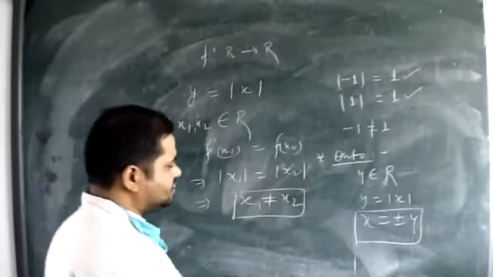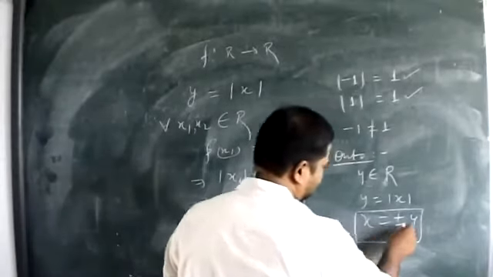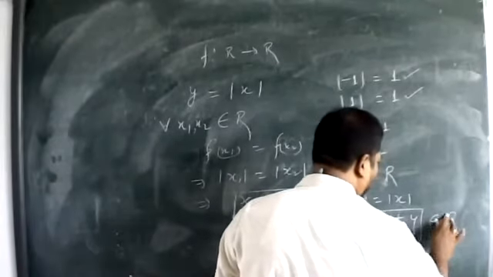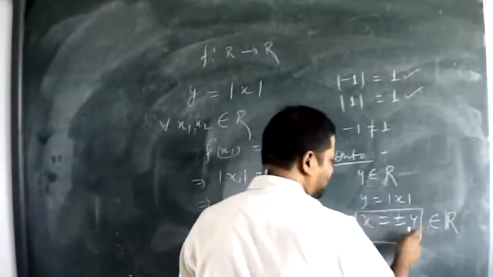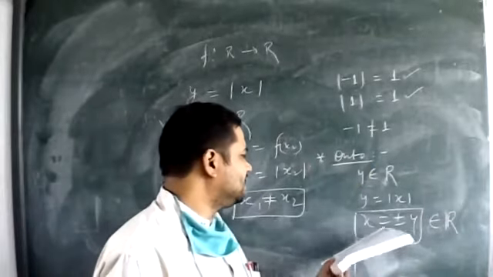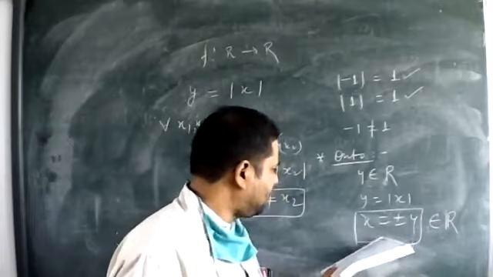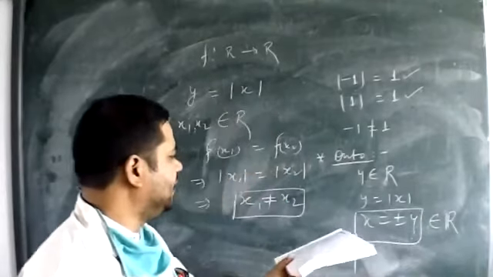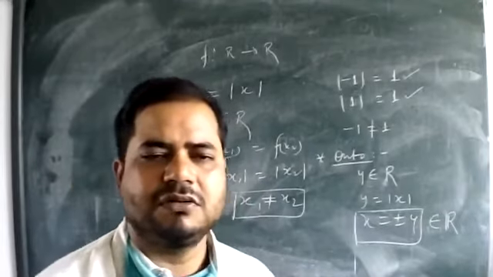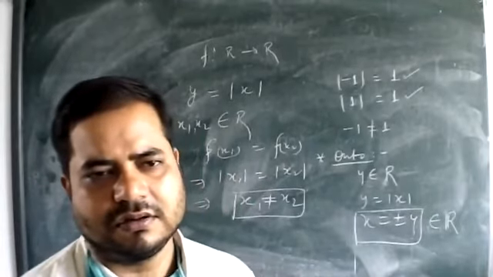So if x is equal to plus minus y, that means x belongs to R, but it is not either plus y or minus y, both values. That means there are two images of x, you can say. So this is not an onto function.